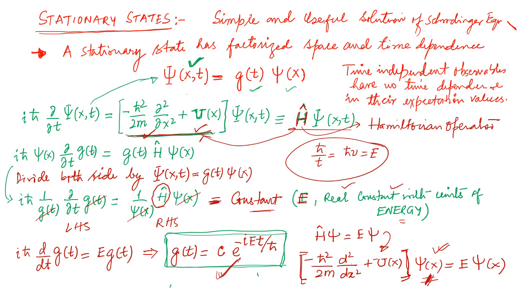So we can write the expression for the stationary state as psi(x,t) equal to some c times psi(x) times e to the power minus i E t by H cross. This is what is my stationary state.